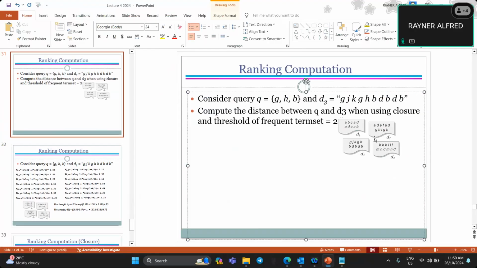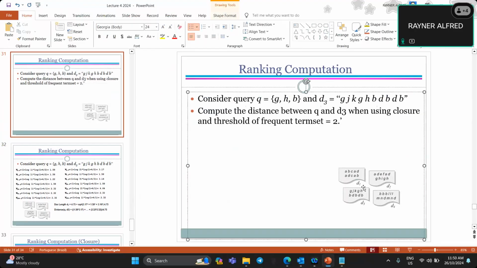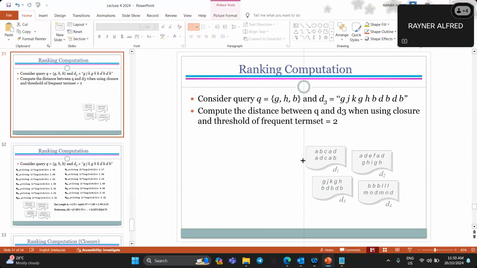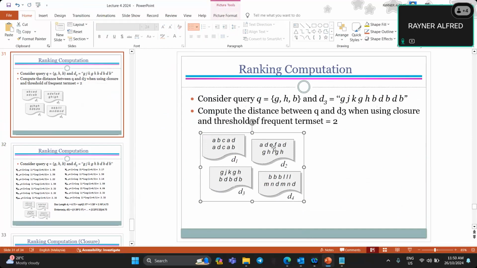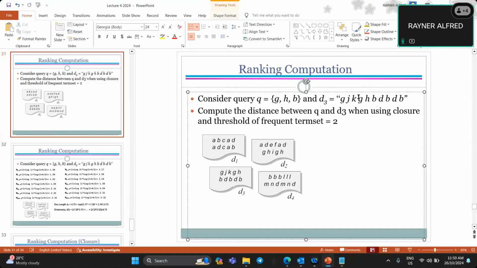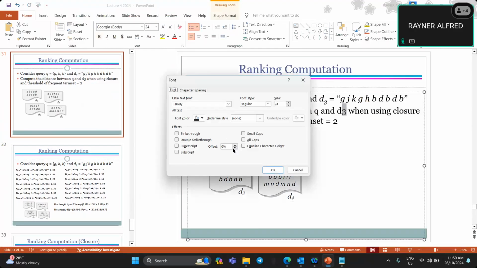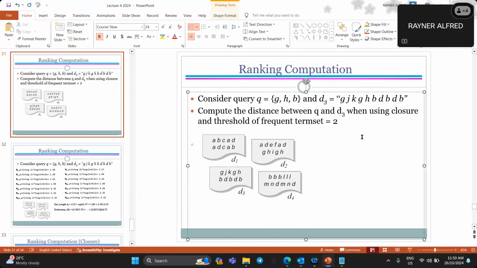So this is the question for this one. Given these 4 documents and then the query, they ask you to compute the distance between Q and D3 when using closure and a threshold of frequent term set equal to 2.